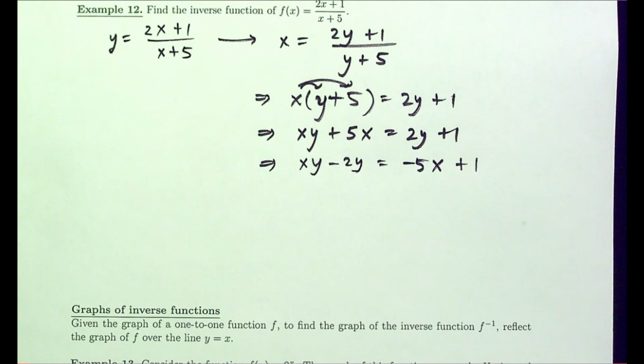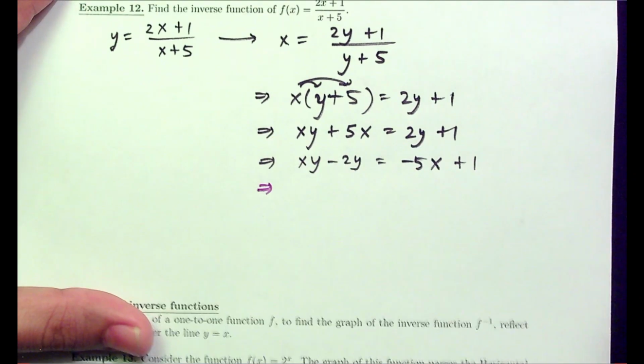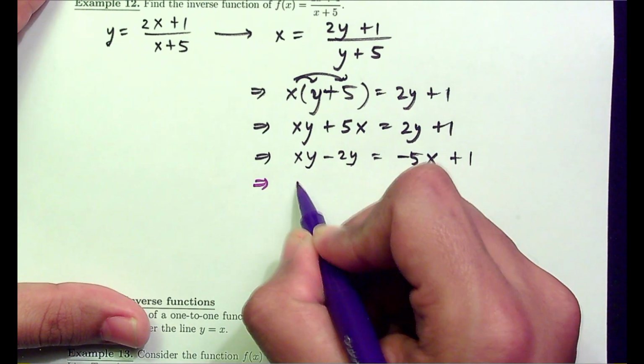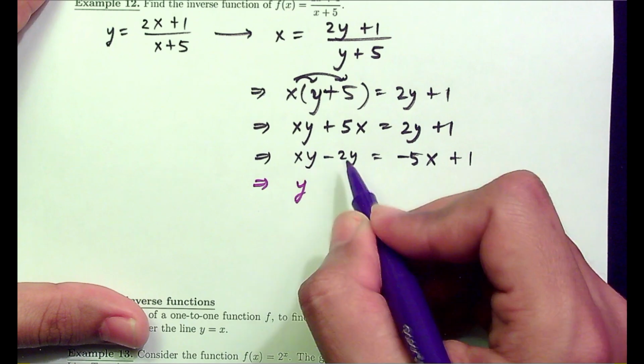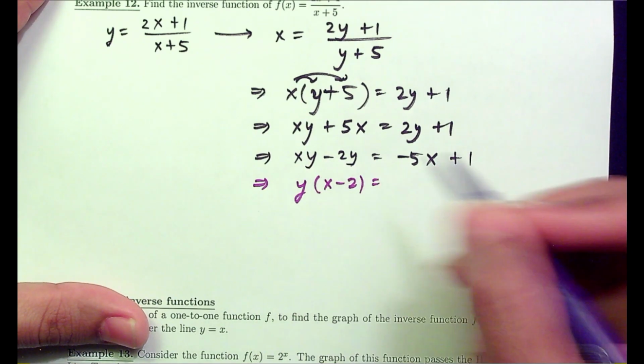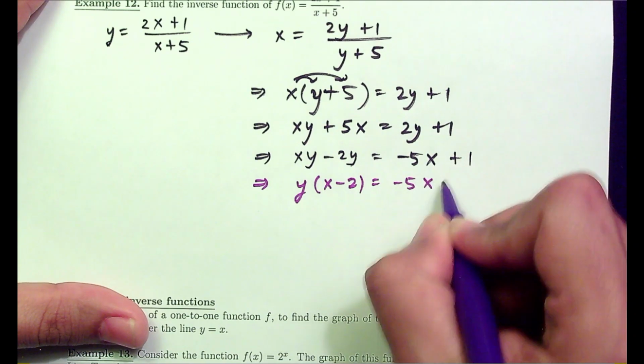And now, what do you think we should do to get the y all by itself? If you said factor out the y, you are correct. Factor out the y because it is repeated. You get y times (x minus 2) equals negative 5x plus 1.